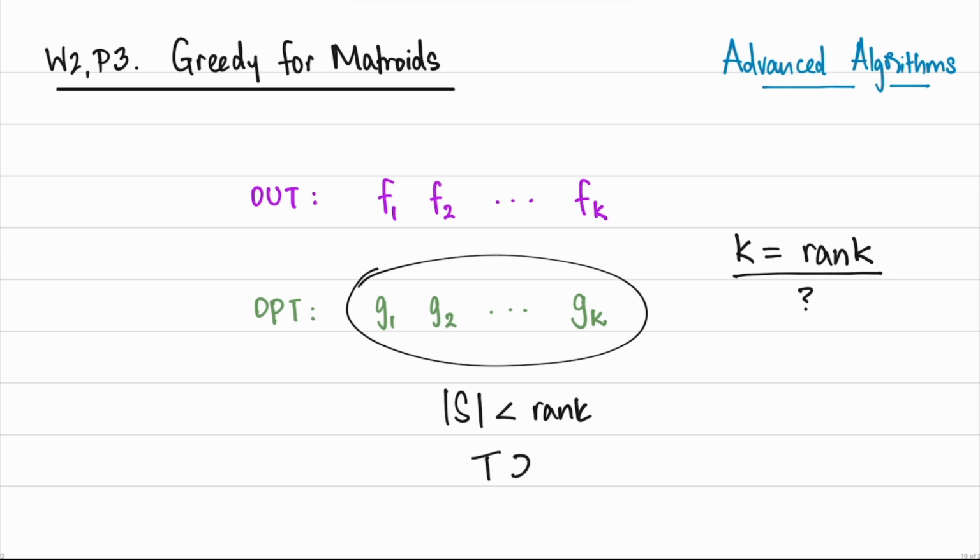That means that there is some T that contains S. S is not maximal, and the value of T in terms of its weight is going to be at least the value of S, because all of our weights are non-negative. So opt can simply move from S to T, and it can keep doing this till it gets stuck without hurting its cost. So without loss of generality, we can always assume that the size of the set output by the optimum algorithm is equal to the rank. Okay, that's I think straightforward to see.